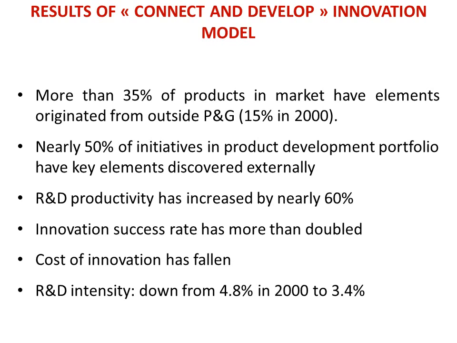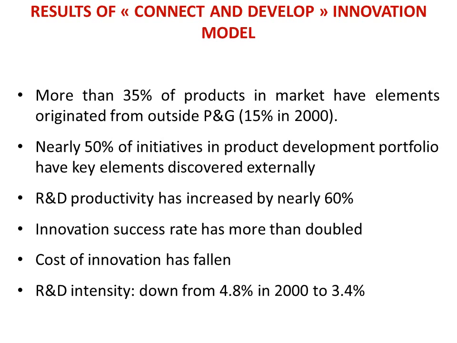Some results of Connect and Develop, as claimed by these publications of P&G: about 35% of products around 2006 are now ideas originated from the outside. There were about 15% in 2000. 50% of the initiatives have elements discovered externally.